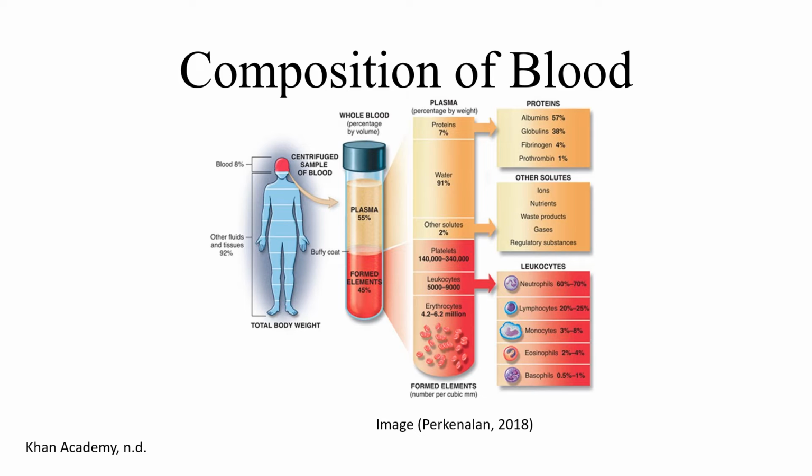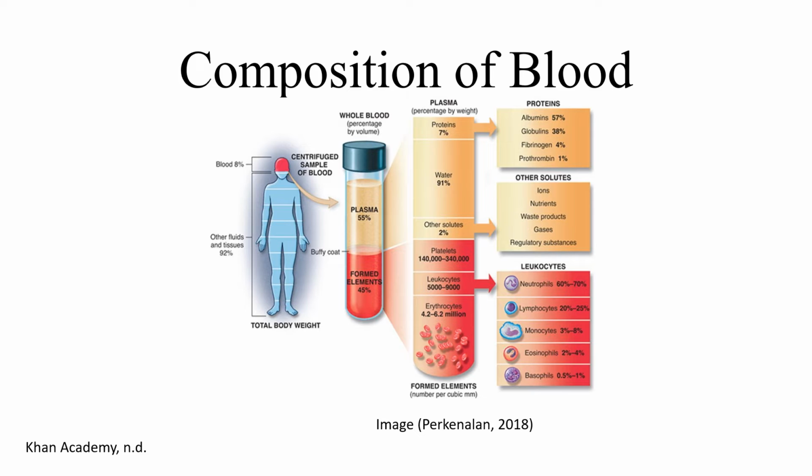Okay, the 1%, the less than 1%, is the Buffy coat. And the Buffy coat is where you find your leukocytes, your white blood cells. Even though it has it here in formed elements, it's actually in the Buffy coat.